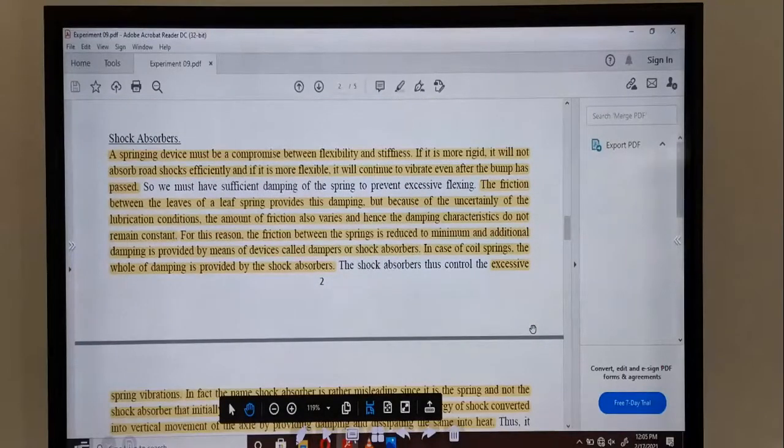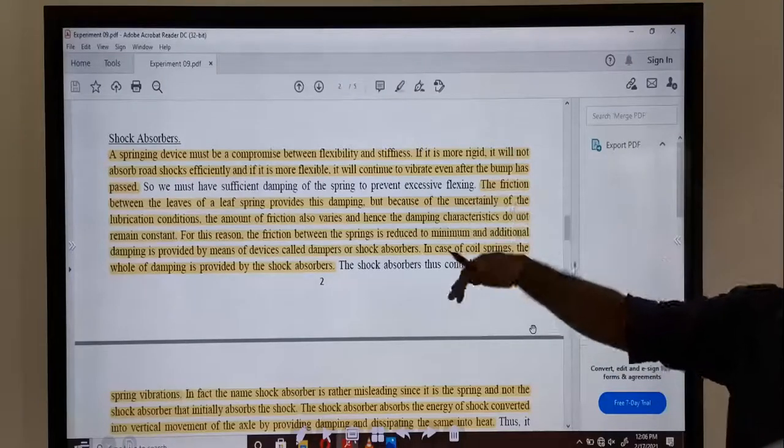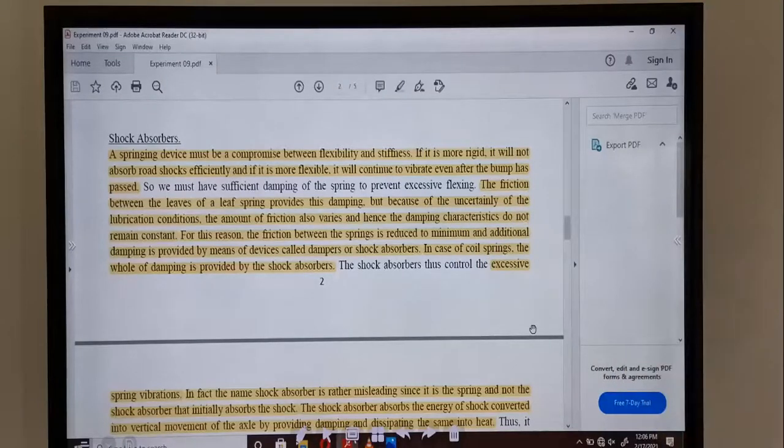Okay, next we study the shock absorber. The springing device must be a compromise between flexibility and stiffness. Stiffness means very hard, flexibility means very flexible, bendy.